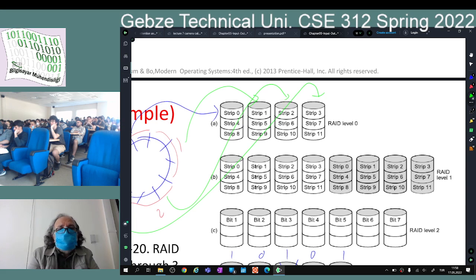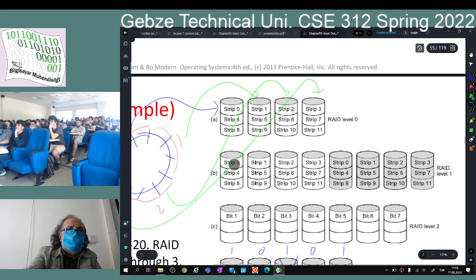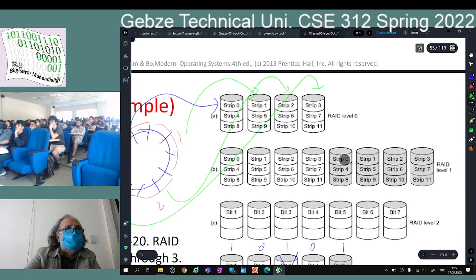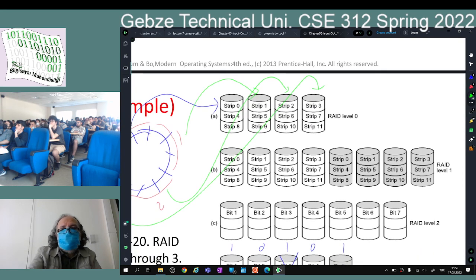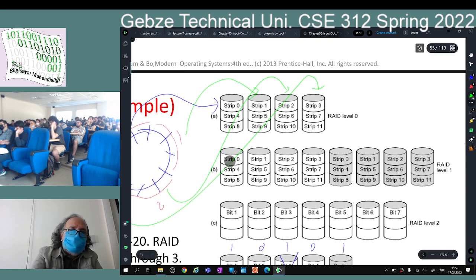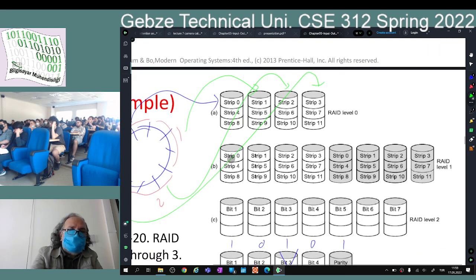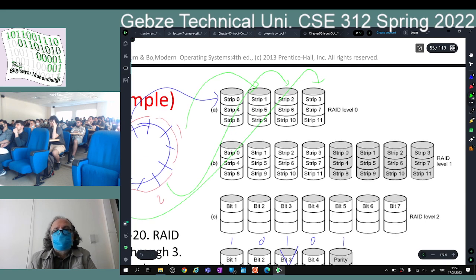Why? Because if you read sector number 0 and 1, you read sector number 0 from here and sector 1 from there, right? Since I have 2 copies of the same thing, these are the copies, if one disk is gone, these are the copies. I can read sector number 1 from here, sector number 2 from there.